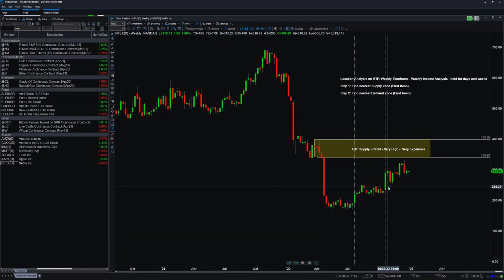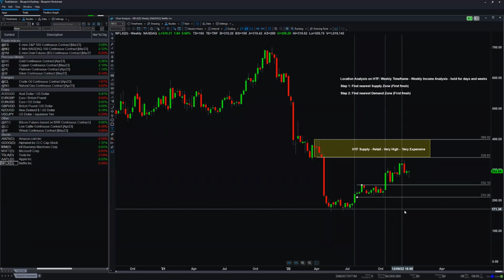So where does my proximal go? My proximal goes to the highest body of the basing candles, and my distal goes to the lowest wick of the basing candles, including the leg out. In this case, we're going to be right here.